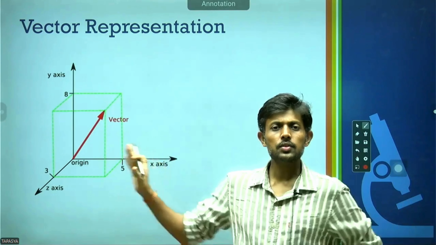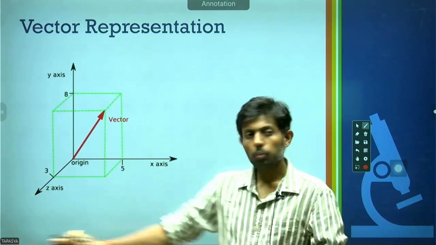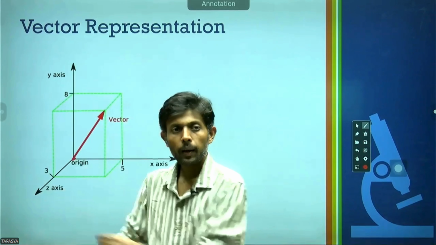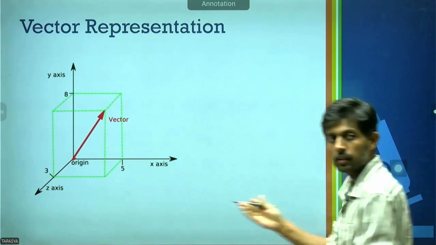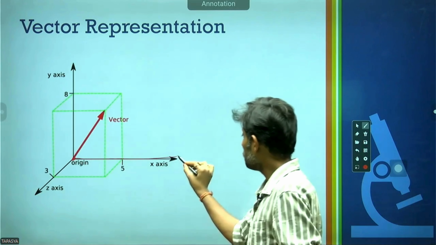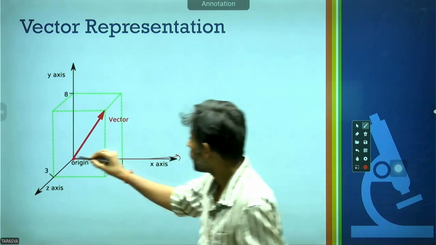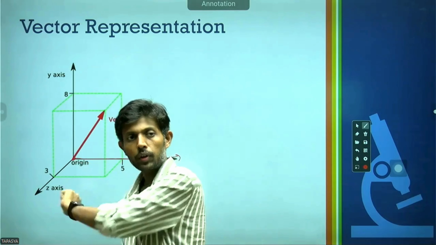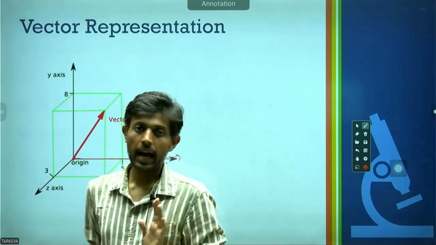So imagine this to be the room, right? One of the corners of the room is this origin, and this edge of the room on the right side represents the x-axis, the vertical edge of the room represents the y-axis, and the edge moving towards you, that is the z-axis.